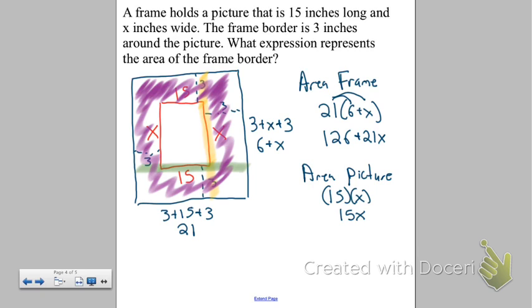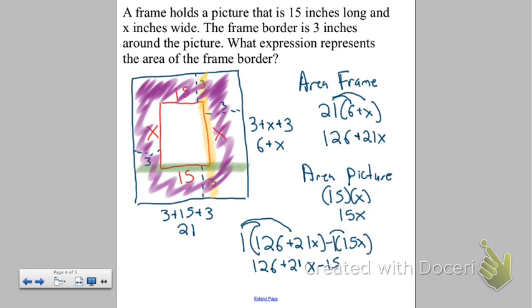So if I wanted to find the area of the border, I would do the area of the frame, which is 126 plus 21x, and I would subtract 15x. Now it's just subtracting. I have an imaginary 1 here, so when I distribute, I get 126 plus 21x, a negative 1 here. When I distribute that, that becomes minus 15x.